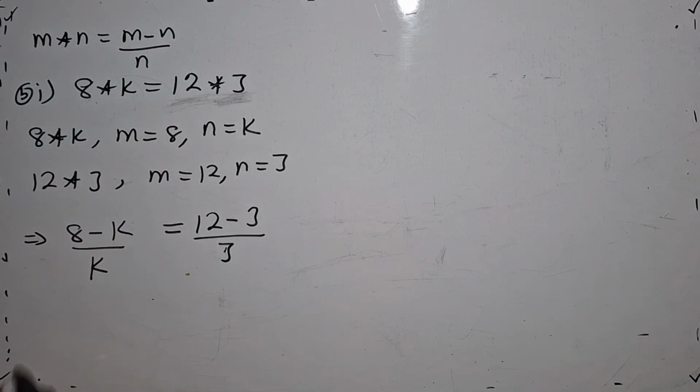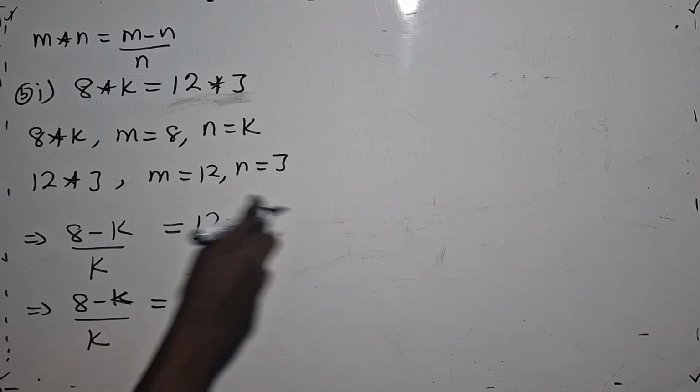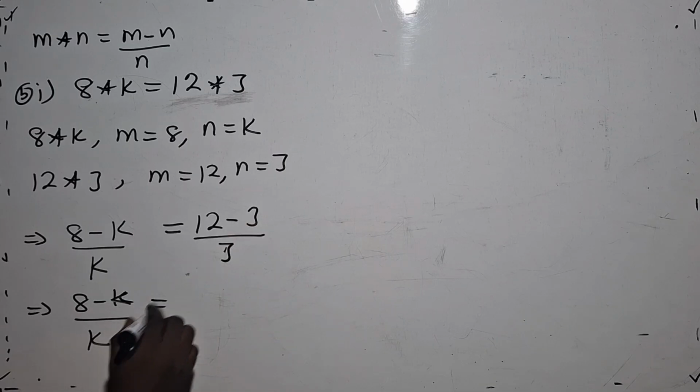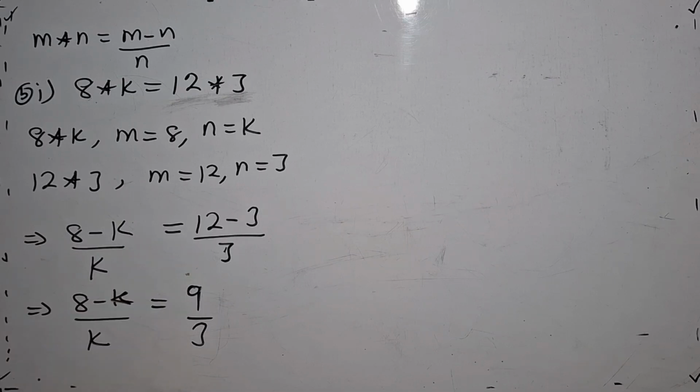So we are going to solve the truth set and have 8 minus K all on K will be equal to, now I can simplify this. 12 minus 3 will give me what? 9. 9 on 3. I can simplify to get a single answer. But here I'm going to cross multiply.